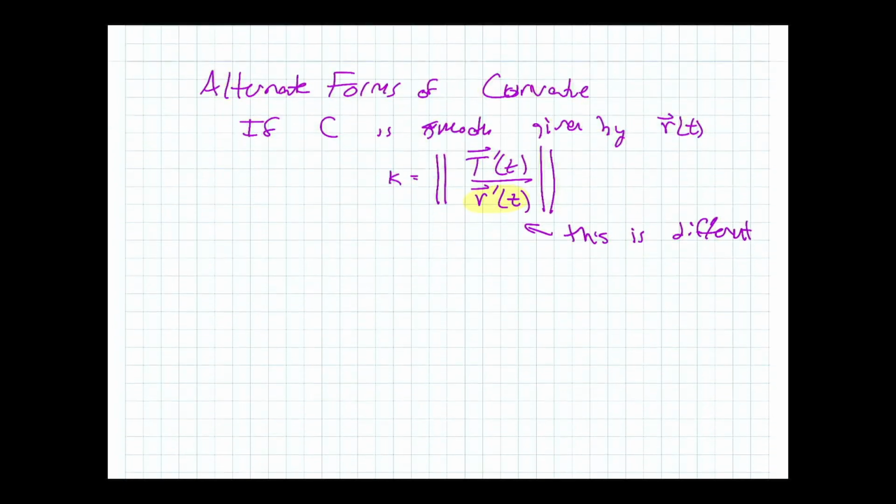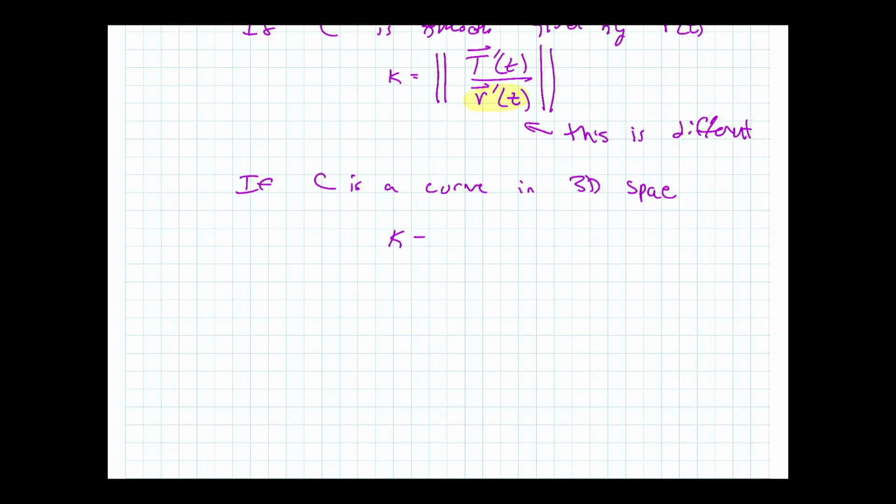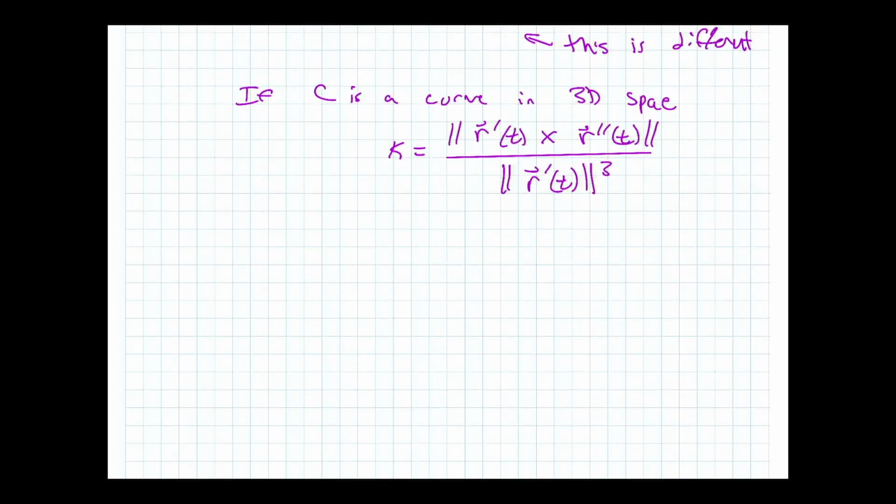Okay, now if C is a curve in 3D, then you could use this formula, the magnitude of r prime cross r double prime, which we haven't really spent any time calculating, over the magnitude of r prime of t cubed. Okay.